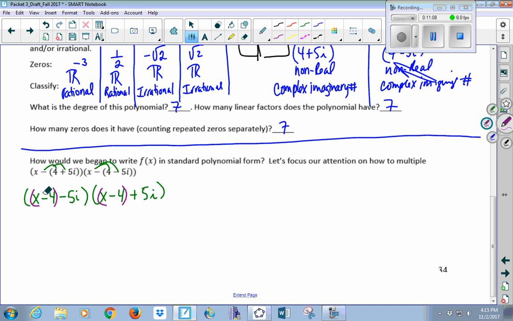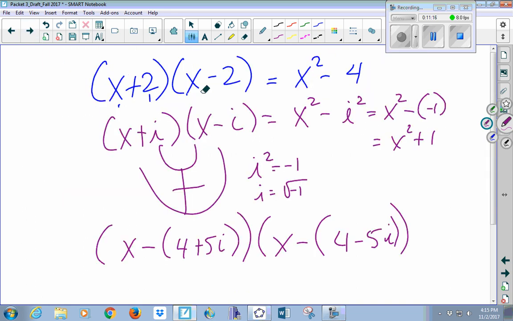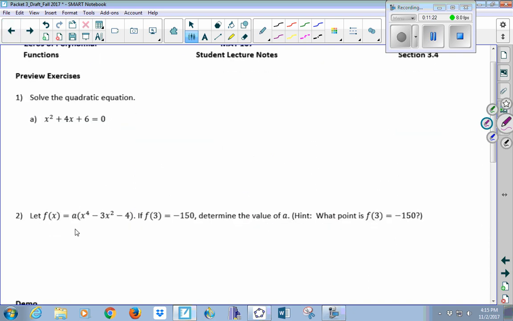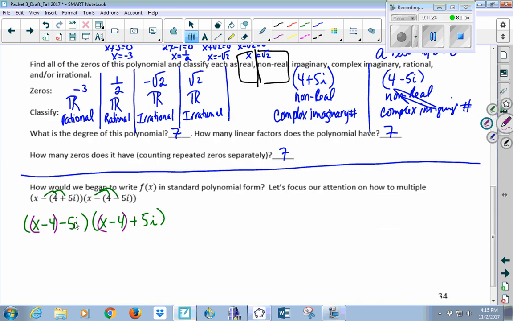Now try to look at this by seeing this purple x minus 4 here as just one number. So think of this as big capital X minus 5i, big capital X plus 5i. Do you see that it looks like these factors? They look the same except one is addition and one is subtraction. So these two factors are conjugates of each other, which means when you multiply this with the distributive property, the middle term and the outer term are opposites and give you 0.